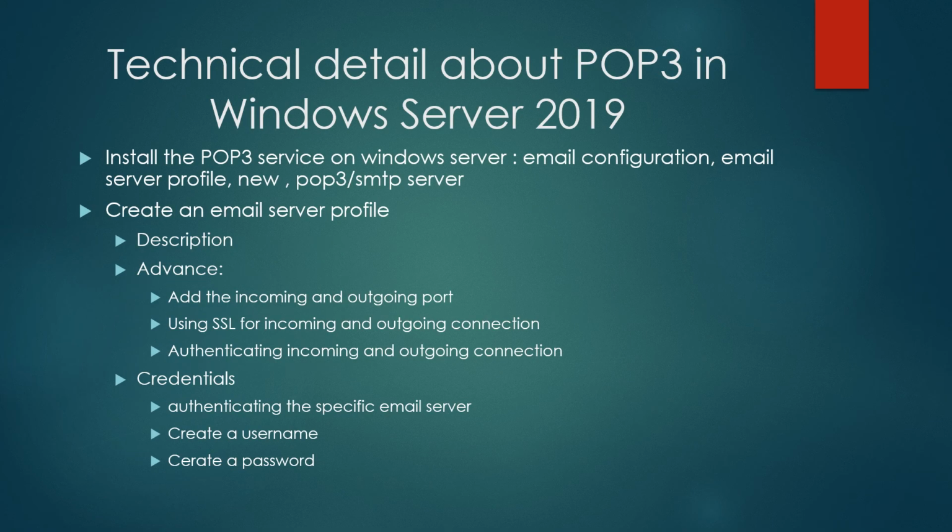For the username you want the email to access, you can add as many users as you want. Then the next part is the advanced one, whereby you start enabling the incoming and outgoing protocol. You are also using SSL for incoming and outgoing connections, and authenticating those connections too.